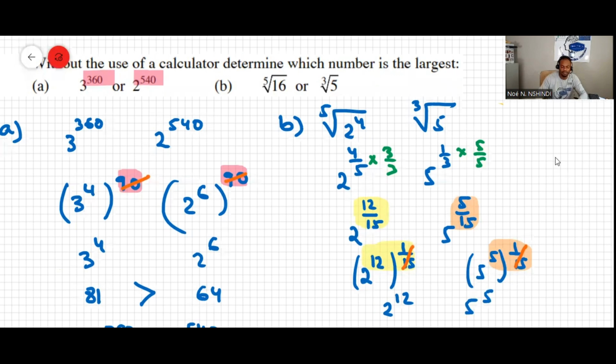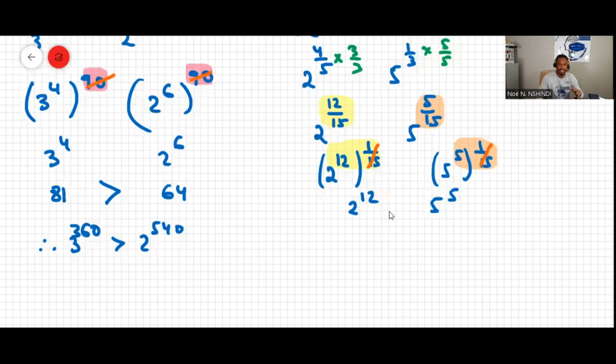Now I think I know what 2 to the 12 is. It's going to be 4096, but you may not get it that way. What you can do is break it up into smaller exponents. You can make it 2 to the 6 times 2 to the 6, or even 2 to the 10 times 2 to the 2.